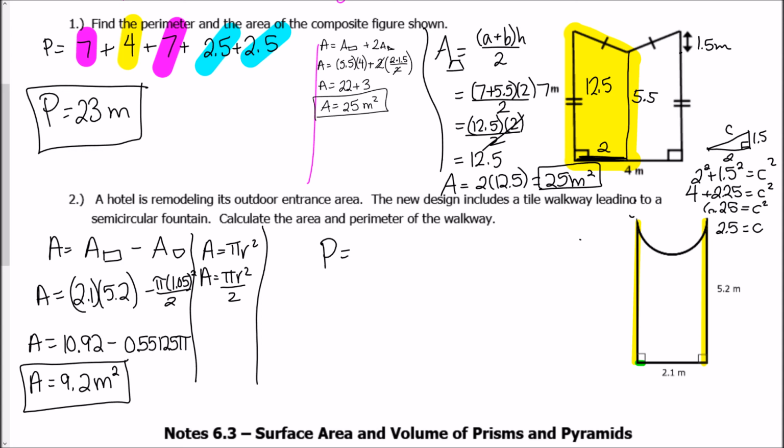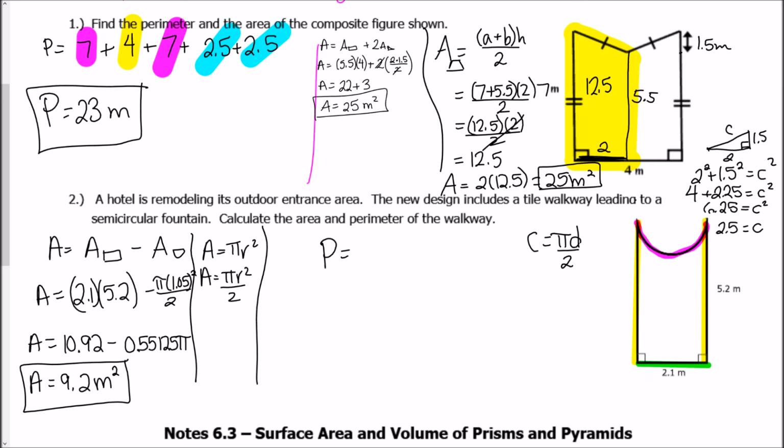I'll have a side length here of 2.1, and then I'll also have the circumference of half of a circle. Remember, circumference is finding the perimeter of a circle, and circumference is pi d. So the circumference of the half circle would be pi d divided by 2.